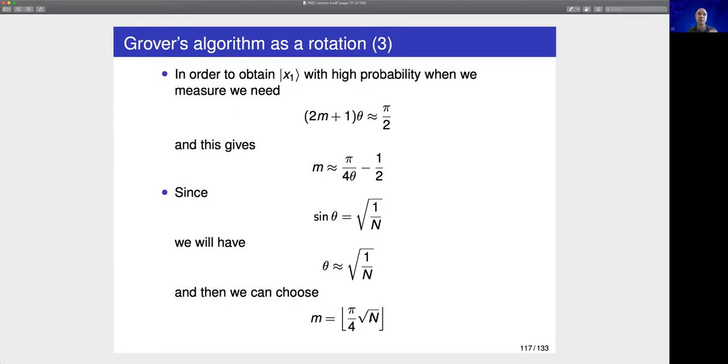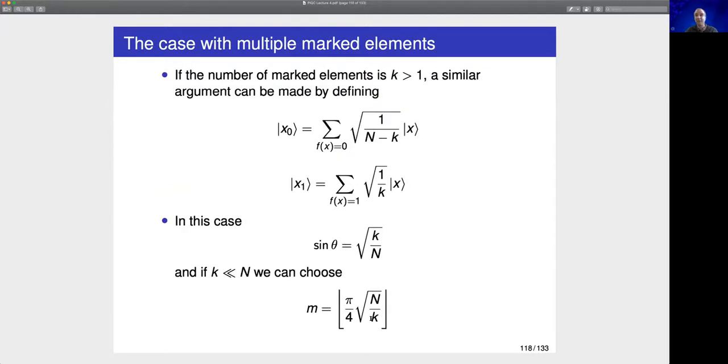Of course, this is for the situation in which we only have one marked element, one element that satisfies the condition that we are interested in. But we can study this also in the case of multiple marked elements, when we have many elements that satisfy the condition. Now what we do is to separate, again, the initial state into a part x0, the elements that are not marked, that do not satisfy the condition, and x1, the elements that satisfy the condition.